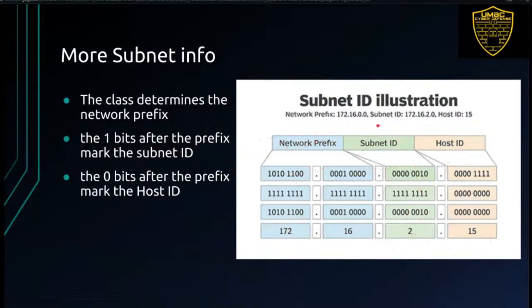It looks like they're using a /24 subnet because this entire octet is taken out. So this part is telling us which subnet it's on, and this part is telling us which device it is.